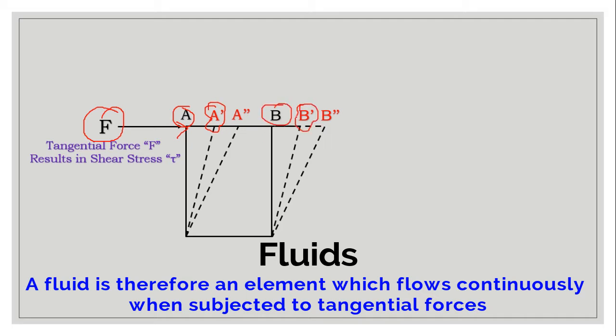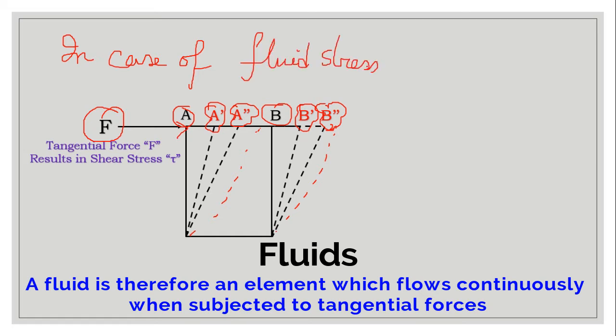So deformation takes place gradually and A dash moves to A double dash and similarly B dash moves to B double dash. In case of fluid elements, further deformation also takes place and A double dash will move to A triple dash and similarly B double dash will move to B triple dash and so on. Therefore, we can say that in case of fluids, stress is proportional to strain rate.